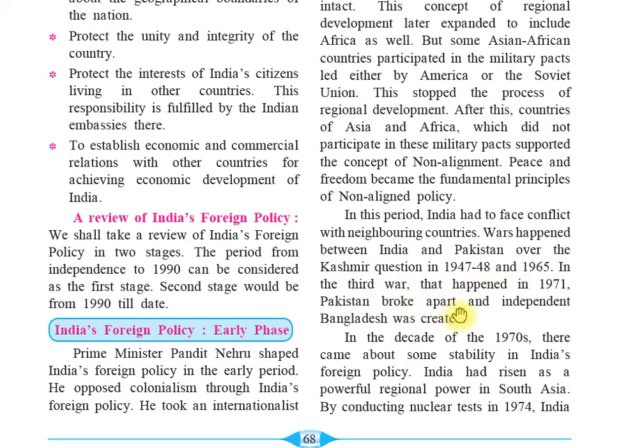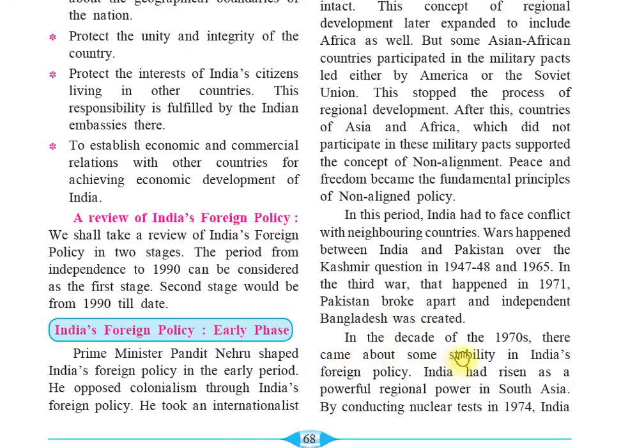In the third war that happened in 1971, Pakistan broke apart and independent Bangladesh was created.